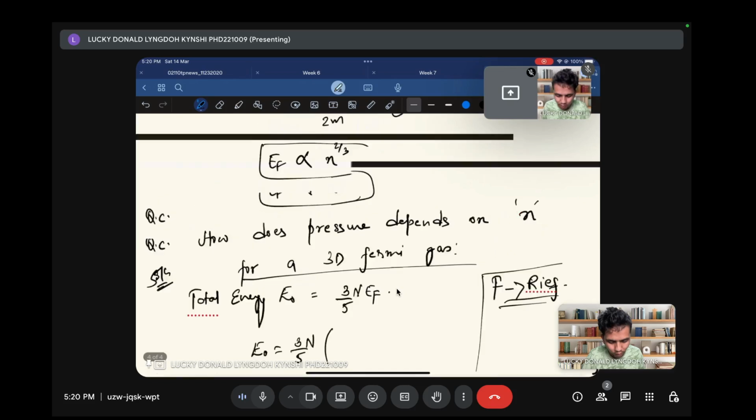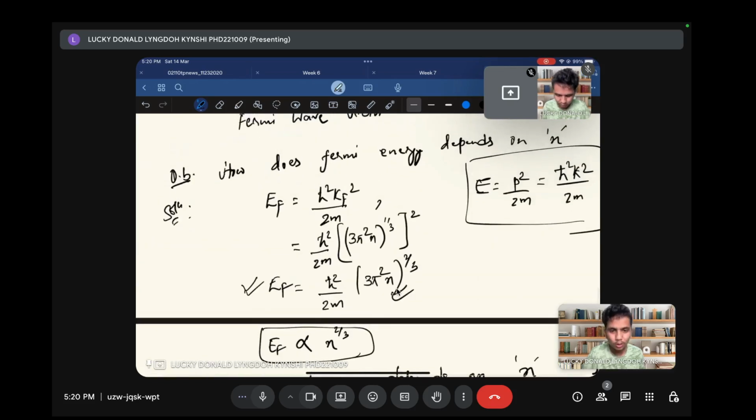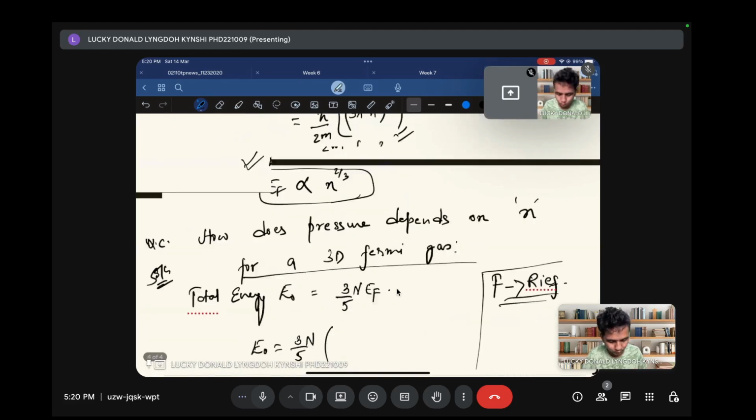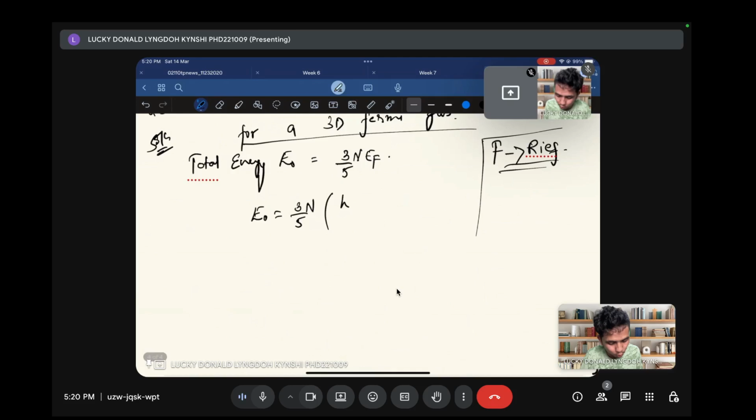You already know it from question B: ħ²/2m, times (3π²)^(2/3), times (N/V)^(2/3). So you substitute EF from question B.